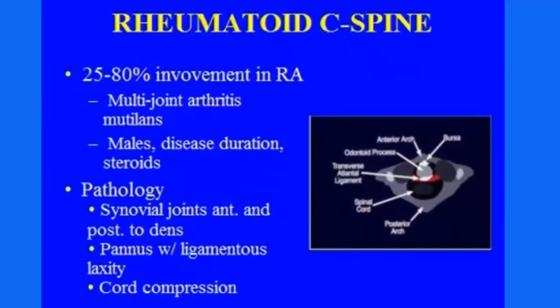We know that when the ligaments are involved with rheumatoid arthritis, they become lax, and as a result the gap between the odontoid and the anterior arch of the atlas increases, and the space available for the cord between the posterior aspect of the odontoid and the anterior margin of the posterior arch of the atlas decreases.